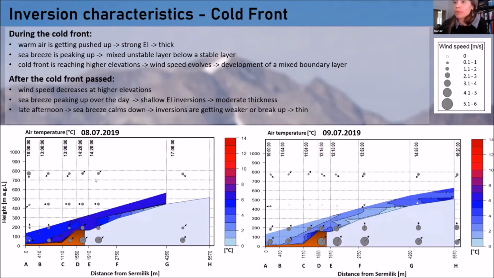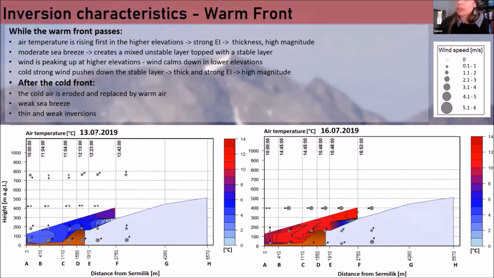So then to the warm front, here we have the same kind of pictures. Here is the beginning of the warm front, and here is the end of the warm front. While the warm front passes, the air temperature is rising first at the higher elevations. And we can still observe a moderate sea breeze here, which again creates elevated inversions.